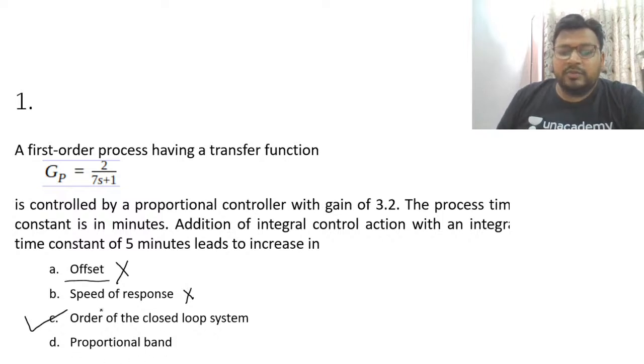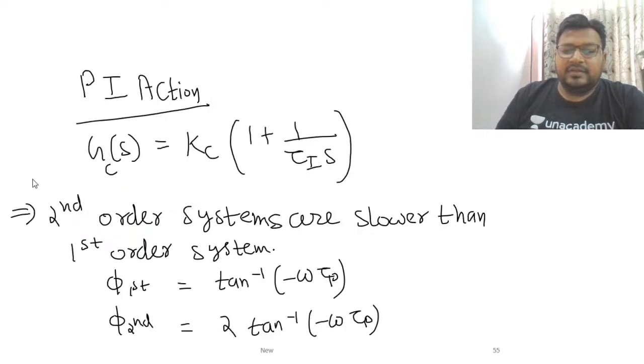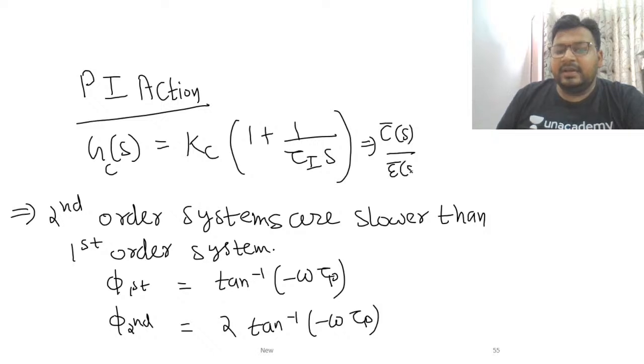And talking about the proportional band, guys, this is the value of the transfer function. But if I write it in terms of output and input, then C bar S divided by E bar S is equal to Kc into 1 plus 1 upon tau I s.